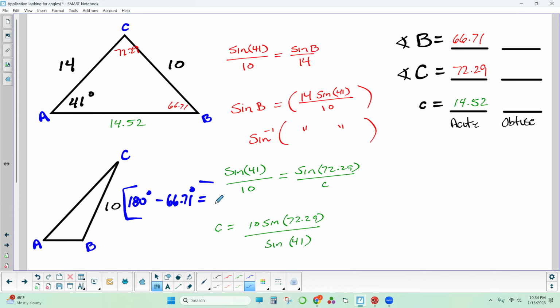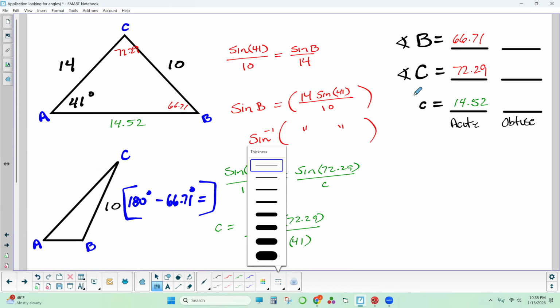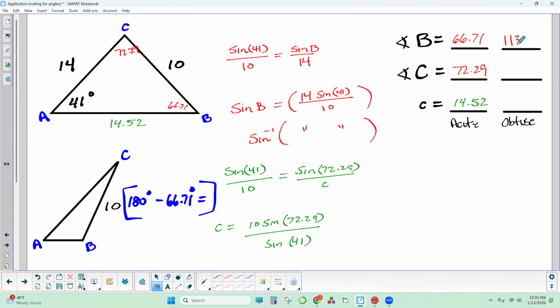So this is super important. This is how you start your second triangle. So if we take 180 minus 66.71, we get 113.29, okay? 113.29. And that is our angle B down here. And of course, it will be obtuse.